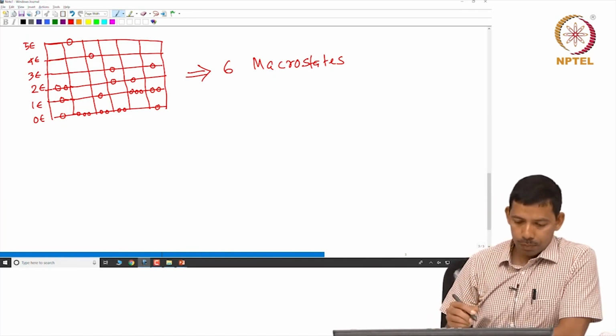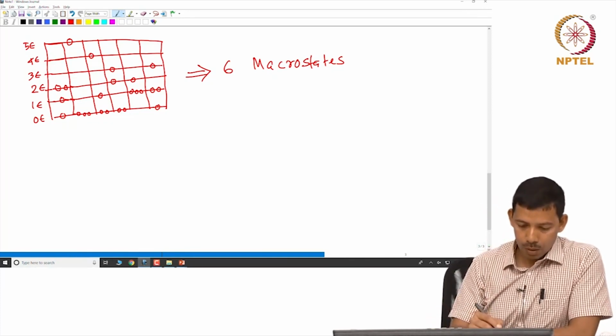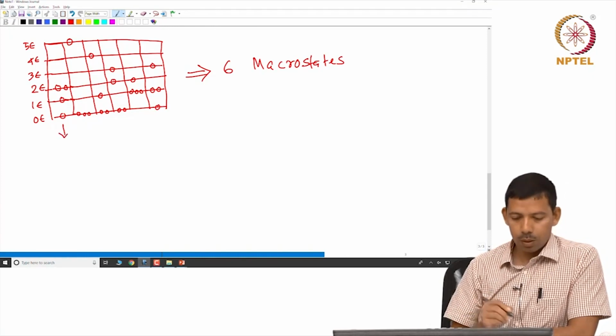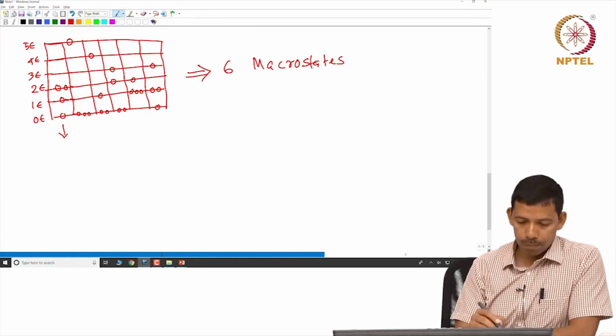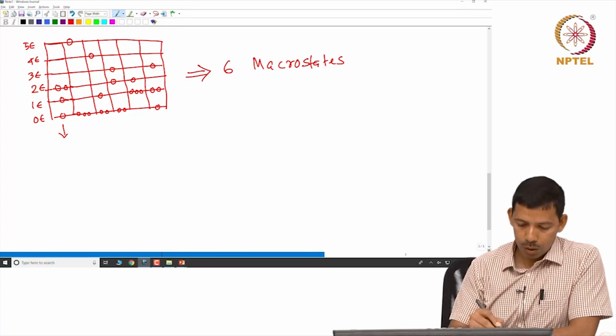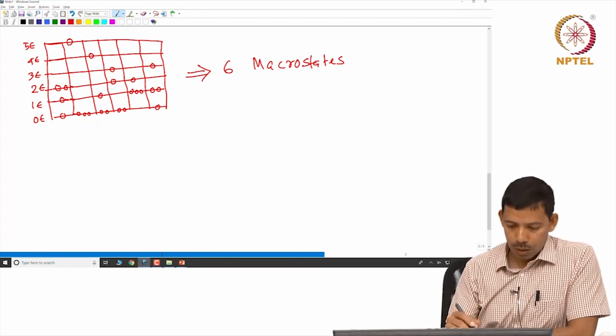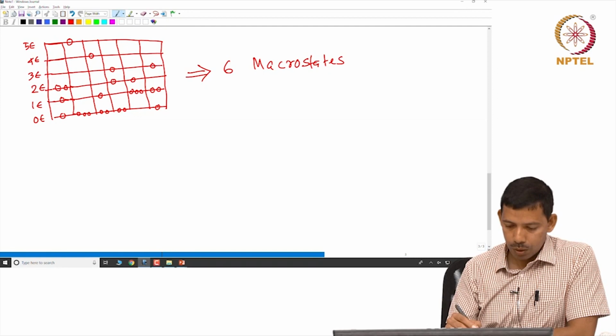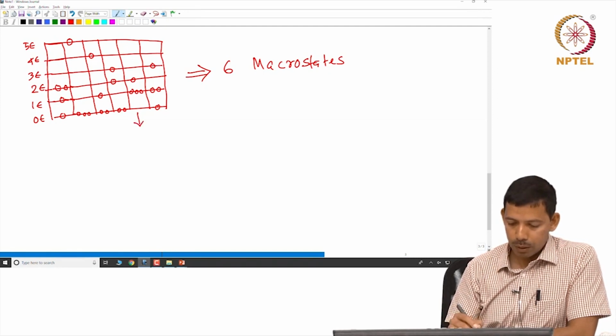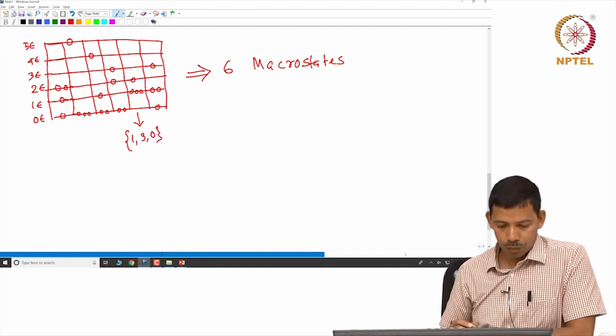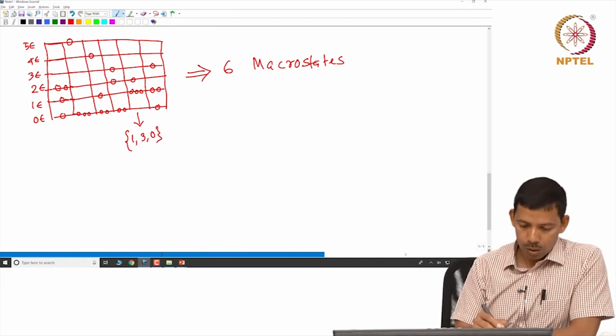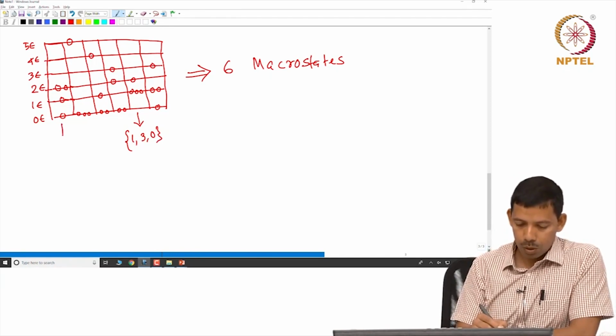Now let's look at this particular distribution, which we name as 1 3 0 distribution, and we look at this particular distribution, which we name as 2 1 1.